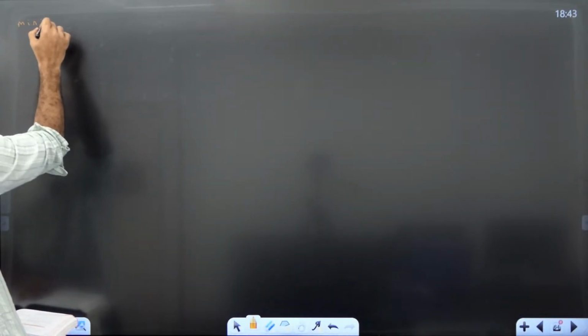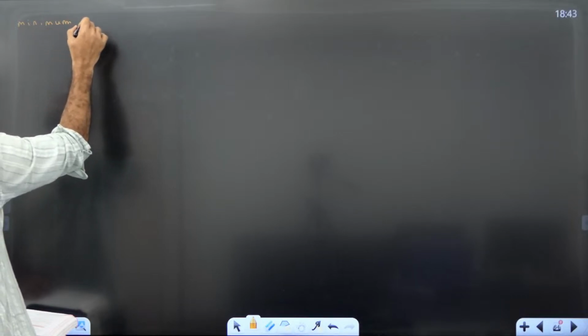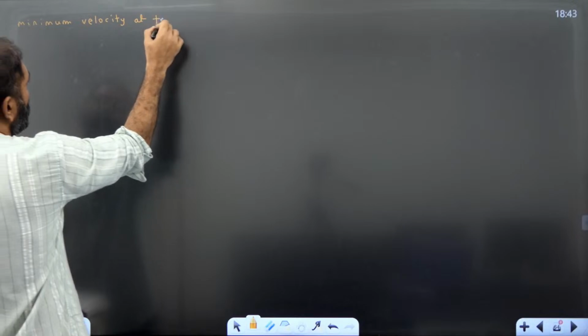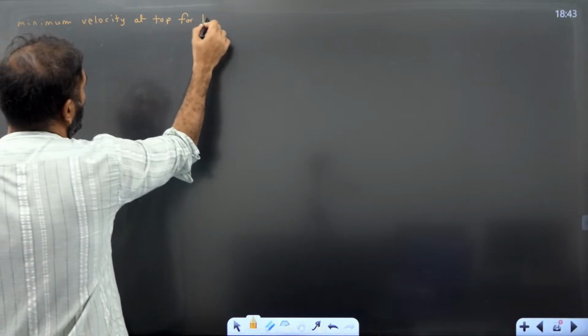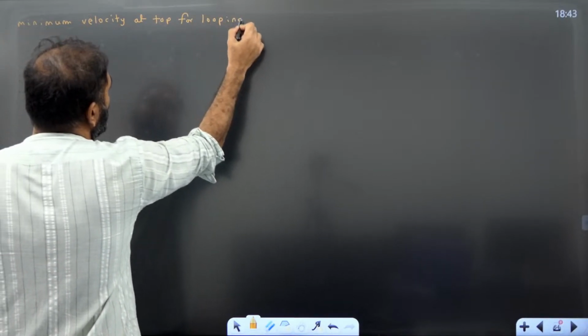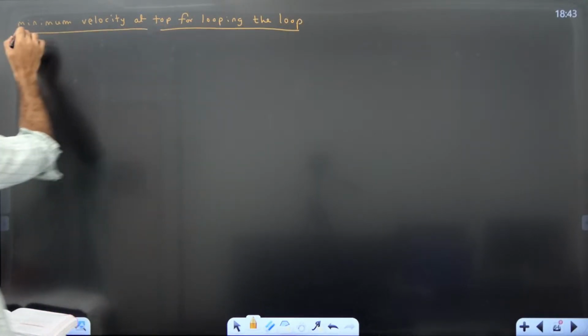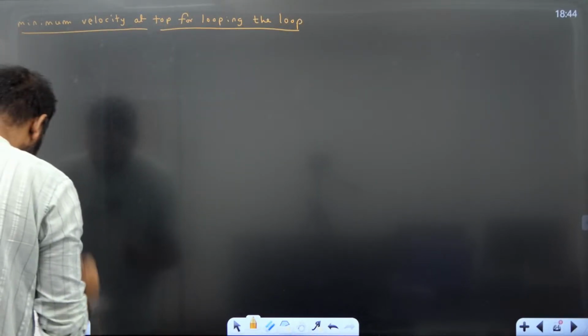Then minimum velocity at the top for looping the loop.